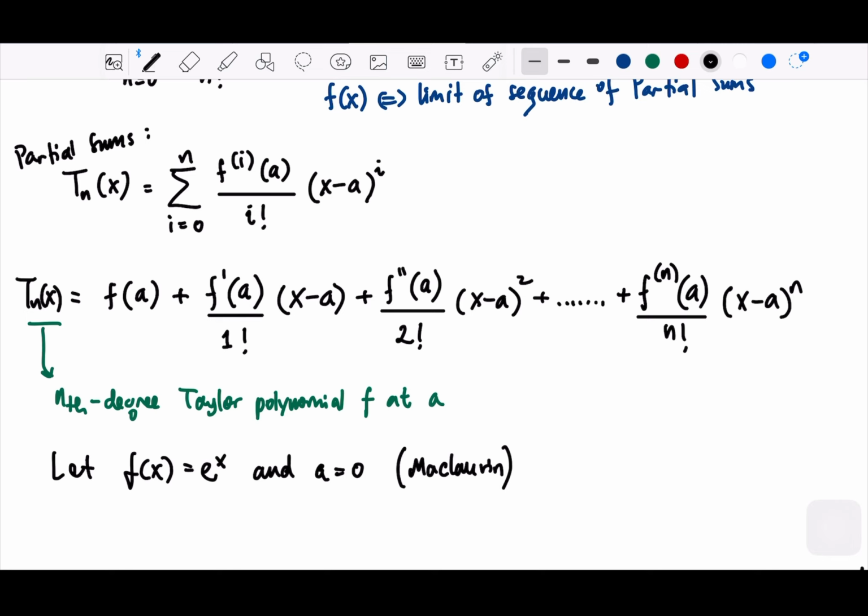So remember that e to the x will be the same for every derivative of its function, and when a equals 0, it means that it will be equal to 1.